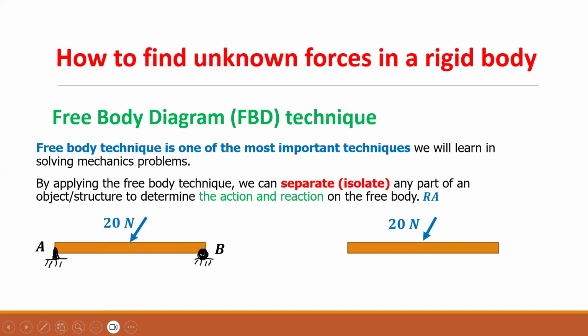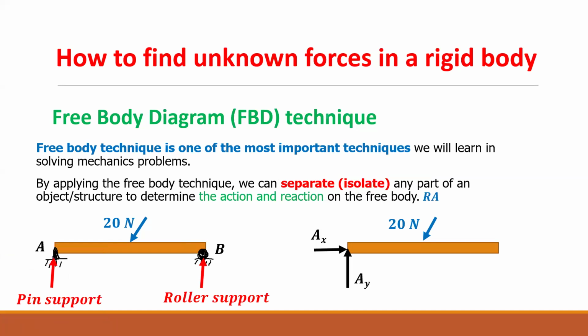So if I replace the A, I can just say pin support. And the other one is a roller support. So I can replace it like this. When we know the directions, it's really easy. For the roller support, you only have one unknown force. For the pin support, you have two unknown forces.